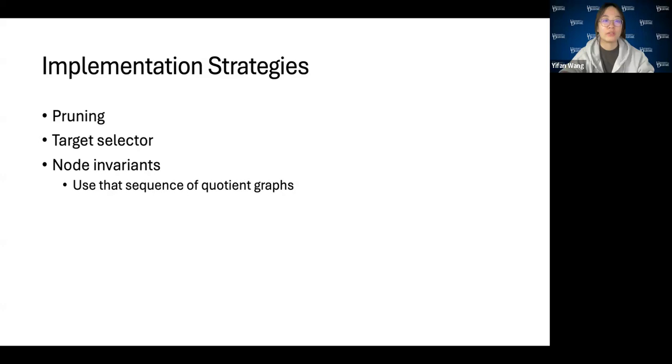If such a graph structure at the given level of the search tree fails to match the expected structure, that branch will also be pruned. In Traces, the node environment uses the sequence of the quotient graphs. When using such graphs, it will satisfy the three properties defined in the node environment function.